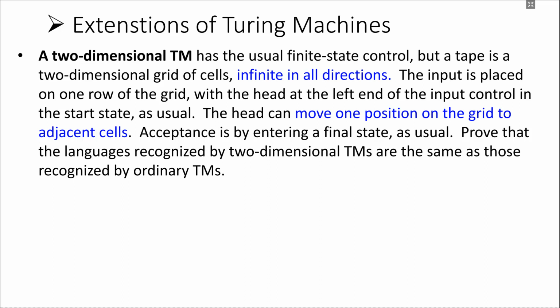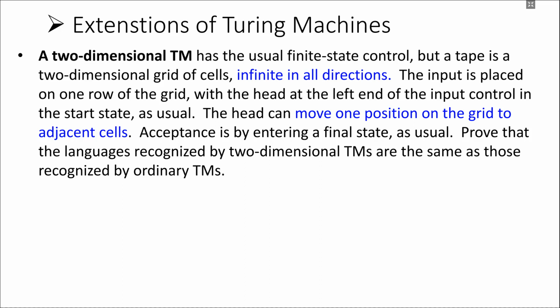The input is placed on one row of the grid, with the head at the left end of the input and the control in the start state, as usual. The head can move one position on the grid to adjacent cells. Acceptance is by entering a final state as usual. We want you to show that the languages recognized by these two-dimensional Turing machines are the same as those recognized by ordinary Turing machines.